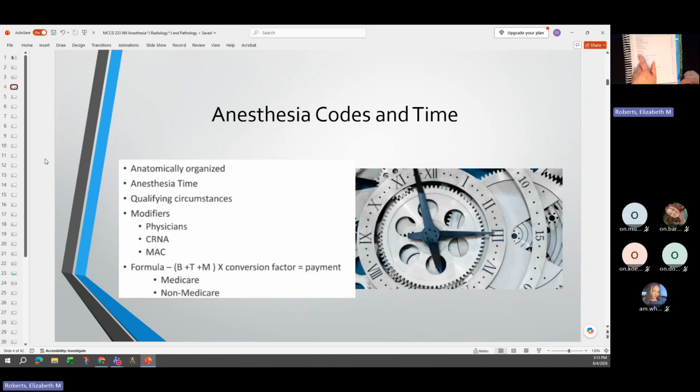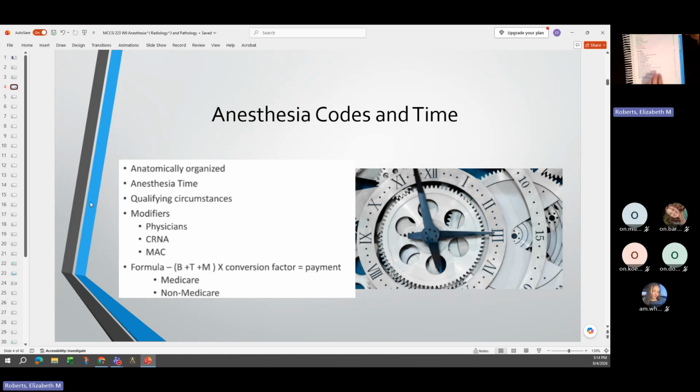And remember, when it says head, we're not performing the procedure on the head. We are anesthetizing the patient who is undergoing a procedure on the head. The surgeon is going to bill for the head surgery service. We're just billing for the anesthesia, because we're reporting that anesthesia code.